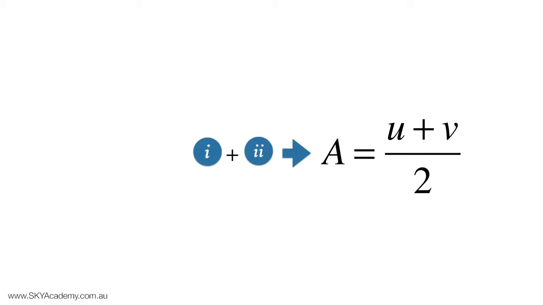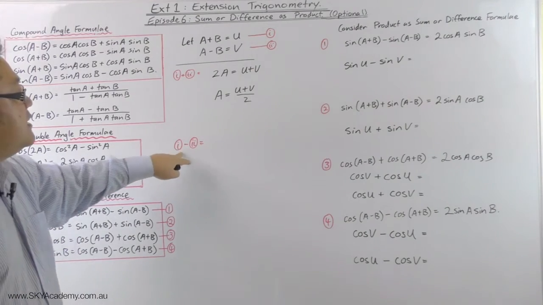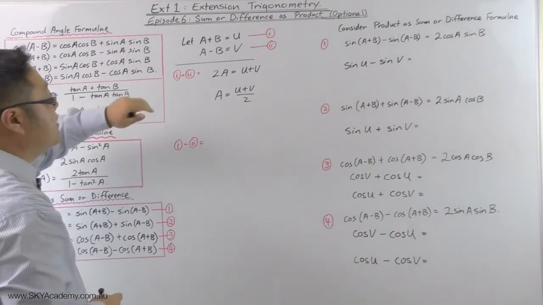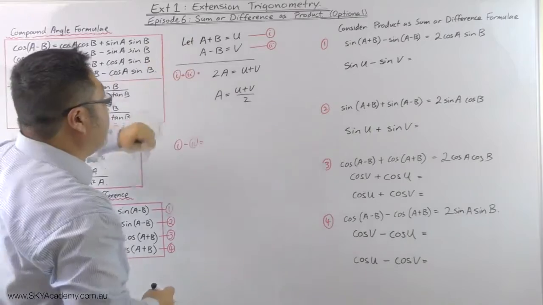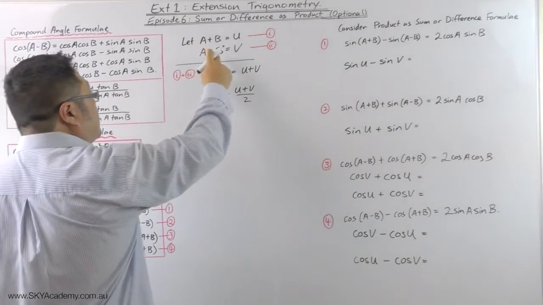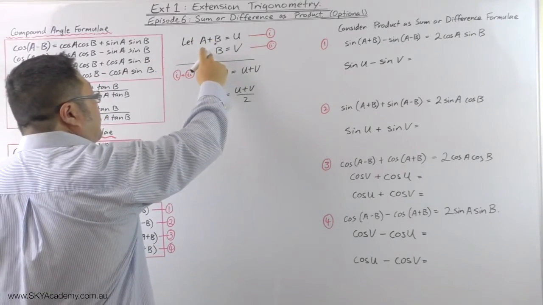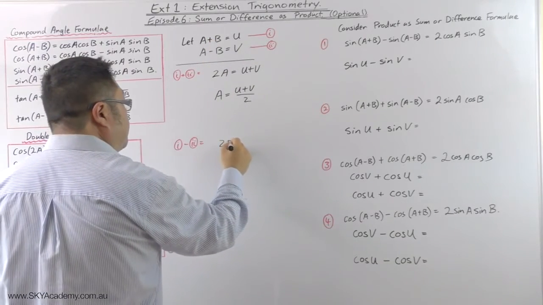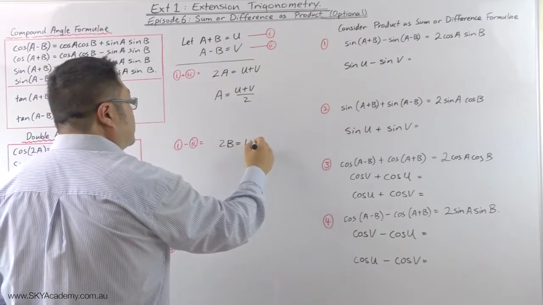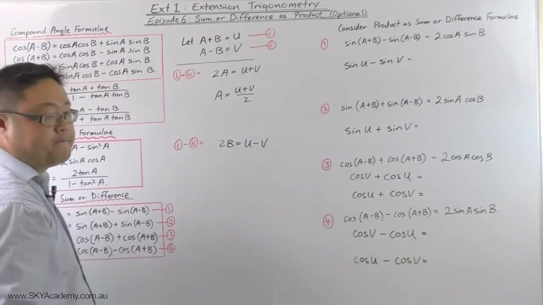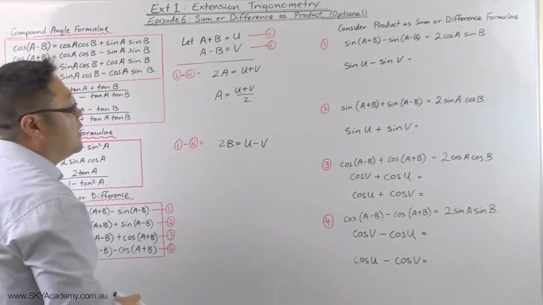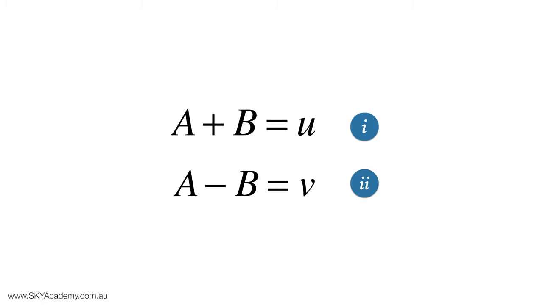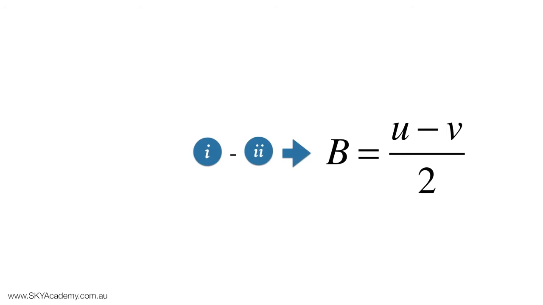We're going to do the same thing, but instead of adding these two equations together, we're going to subtract. And when we subtract, the a's are going to cancel, but the b's, the minus, will become a plus. b plus b will give you 2b, and 2b would be equal to u minus v, because remember, we're subtracting equation II from equation I, which leaves us with b equaling u minus v on 2.